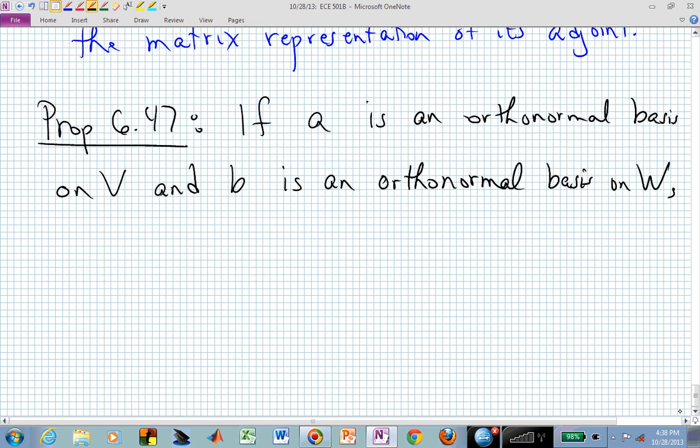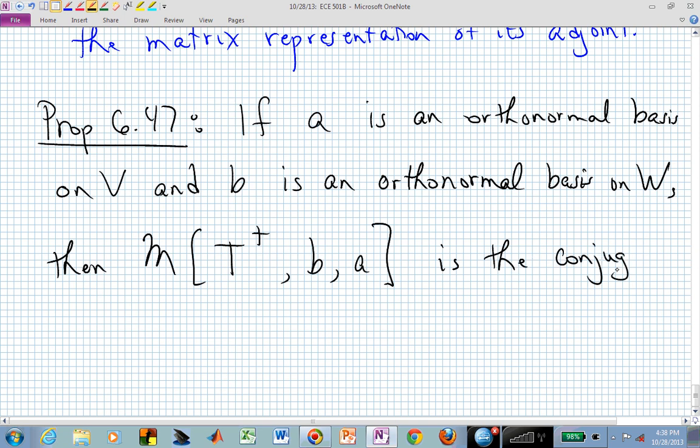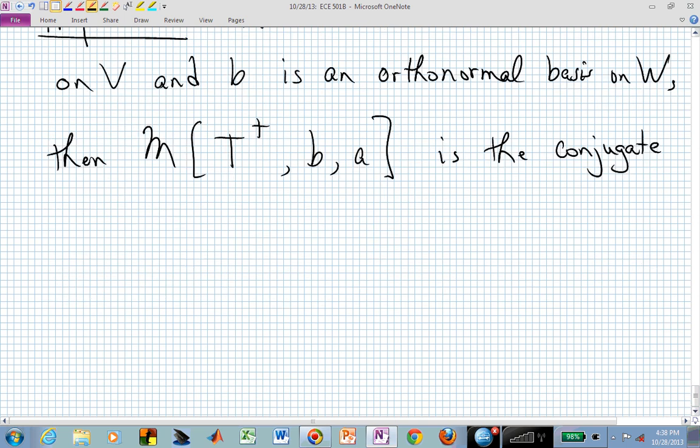Once we have those orthonormal basis sets, so A is a set of vectors, B is a set of vectors, then if we wanted to look at the matrix representation of the adjoint operator of T, using the basis vectors in W to the basis vectors in V, then that matrix representation is actually the conjugate transpose, or the transpose conjugate.